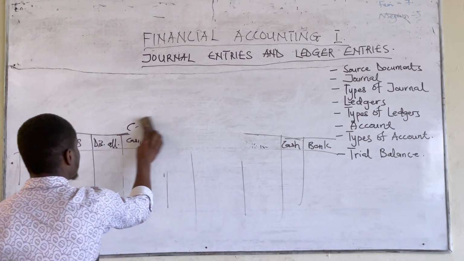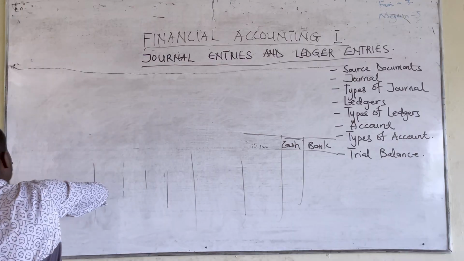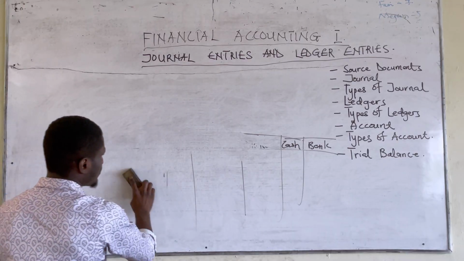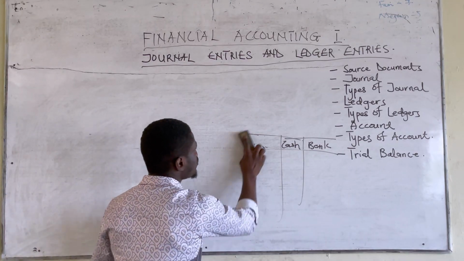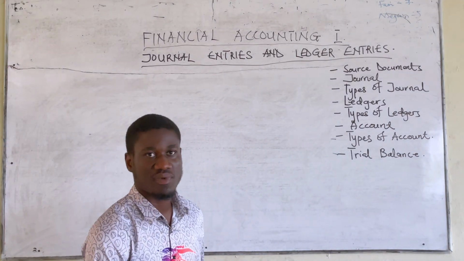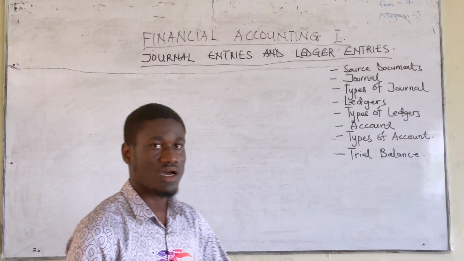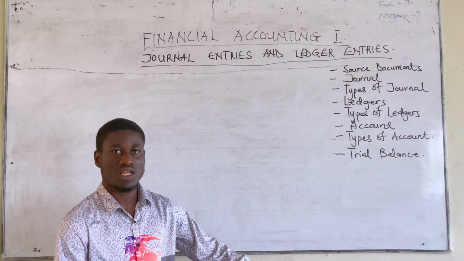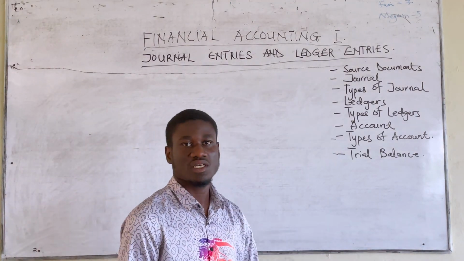Then we move to the general journal. Okay. So the general journal is used to record any other item apart from the ones we mentioned, which is the sales journal, purchases journal, returns inwards journal, the returns outwards journal, the cash book.